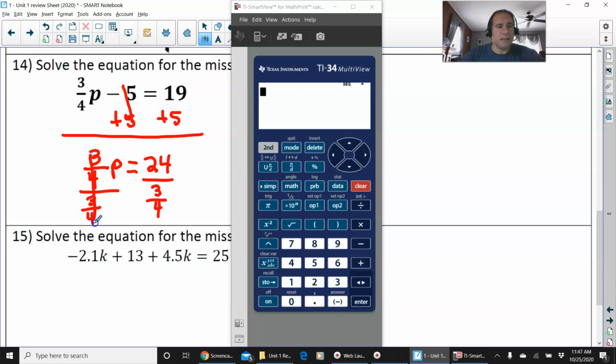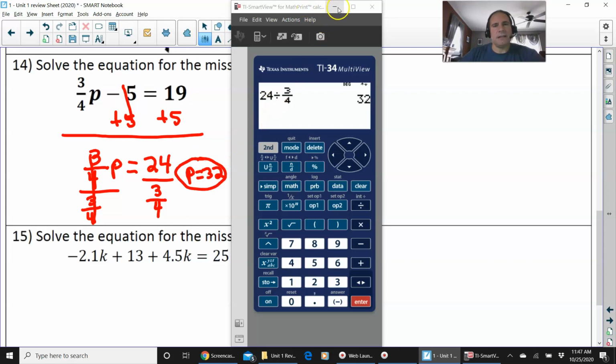The way you put this into your calculator is 24 divided by, and then you press the fraction button, 3/4. Really nothing else to do. Then you press enter and you get 32. So p does equal 32. Just wanted to come back and show you exactly what that is.